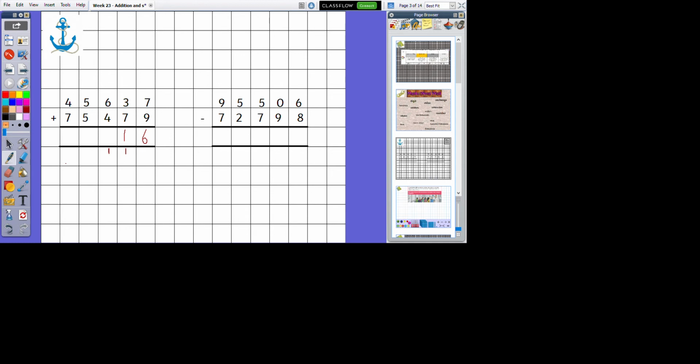Add the 1 gives us 11. 5 add 5 is 10. Add the 1 is 11. And we've got 7 add 4 is 11. Add the extra 1 is 12. So that answer is 121,116.